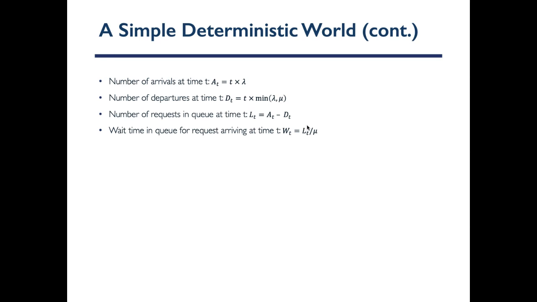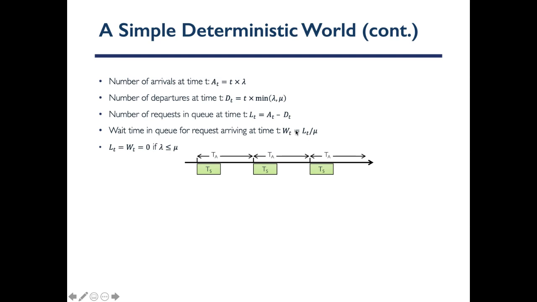So each request is going to take 1 service time, TS, and you have L of them. So it would be L times TS. TS is 1 divided by mu. So that's how you get LT divided by mu. That would be the wait time at time t.